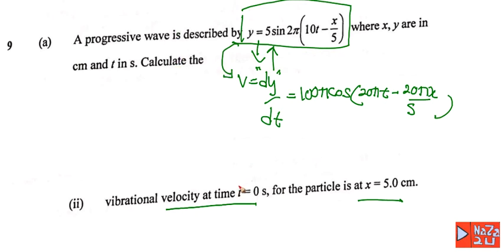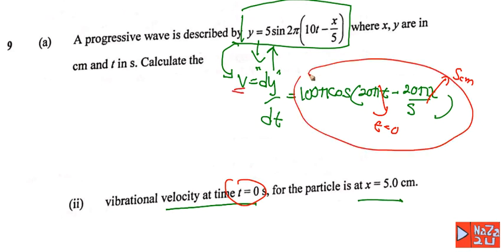And now for t equal to 0 and x equal to 5 cm, what is the value of v? So v is equal to 100π cos of 0 minus 2π, so cos of minus 2π, and cos 2π is equal to 1. So 100 times π is equal to 314, and because the unit is centimeter, this is centimeter per second.